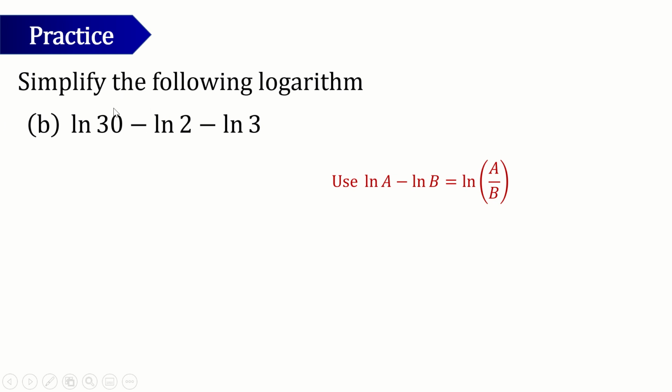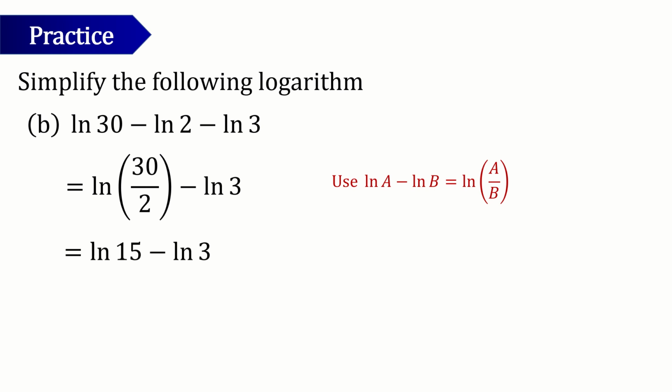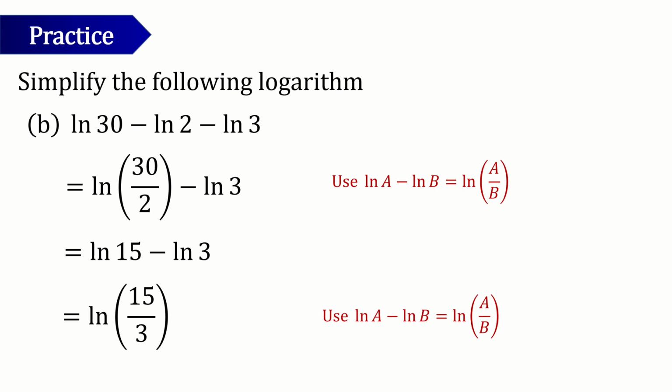We combine the first and second terms only, using the rule ln A minus ln B equals ln of A over B. So it becomes ln of 30 over 2 minus ln 3. 30 over 2 is 15, so we get ln 15 minus ln 3. Then we use the rule again and combine them. It becomes ln of 15 over 3, and 15 over 3 is 5, so it equals ln 5.